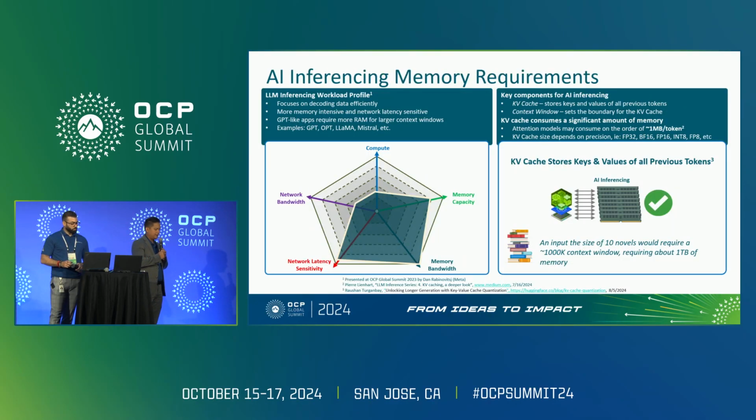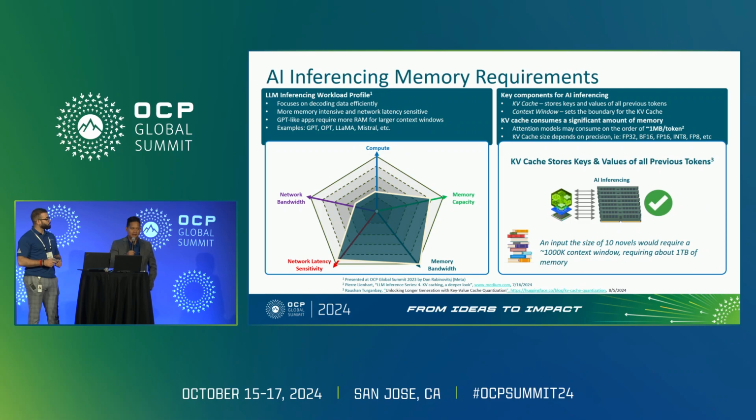I think a lot of people talk about AI training, but the focus has really shifted to AI inferencing. ChatGPT comes to mind, but there are other LLM inferencing workloads that are similar to ChatGPT, right?